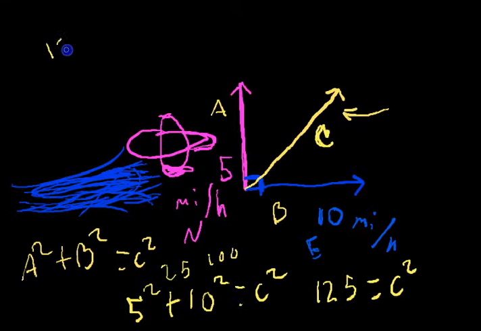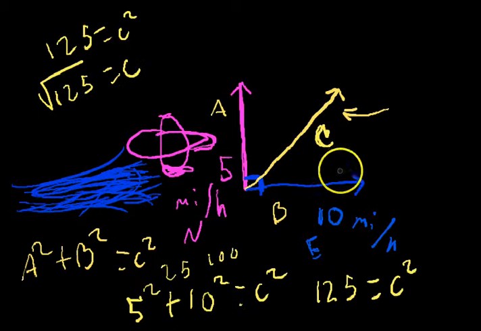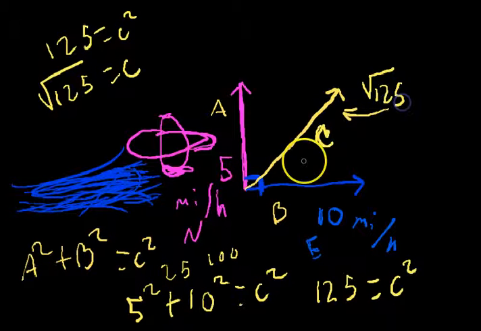So pretty easy to solve for that: you just take root 125 is equal to c. Since 125 is not a perfect square, that would be an acceptable answer. Root 125 is the velocity here, and you can take that to your calculator and do the square root of 125, and you'd get an exact magnitude.